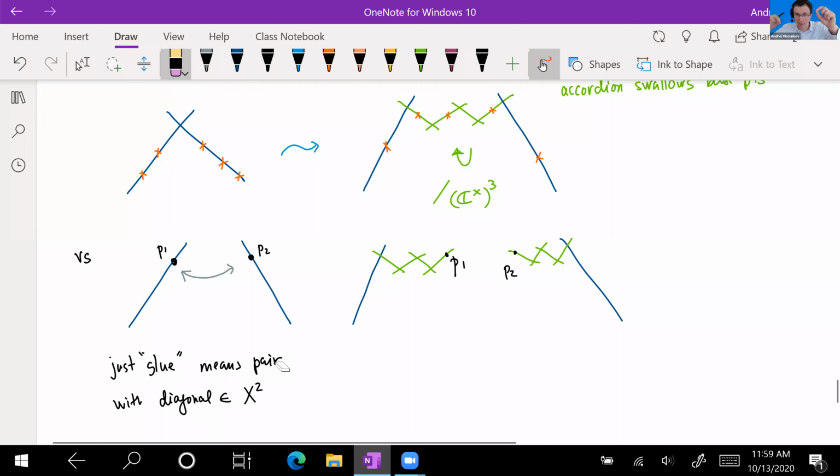So we have some evaluation of these two points, and we want to glue them, which means we pair it with the diagonal where this pair of P1, P2 lies. It just means they go to the same point. This glue would, of course, give an overcounting.